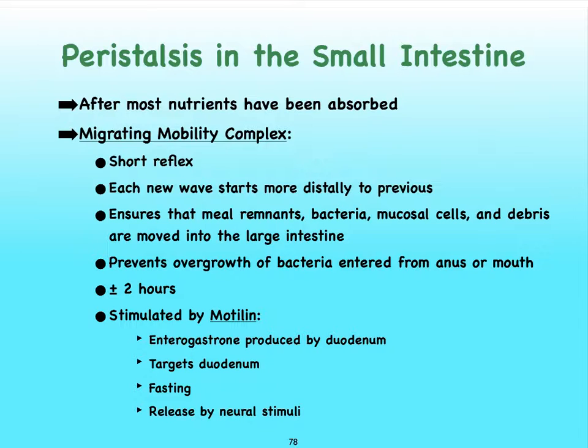And it really is an important function to prevent any kind of overgrowth of bacteria. This takes about 2 hours, and notice that we're now mentioning another hormone called motilin, which is produced by the duodenum and ensures that this whole process of peristalsis occurs.